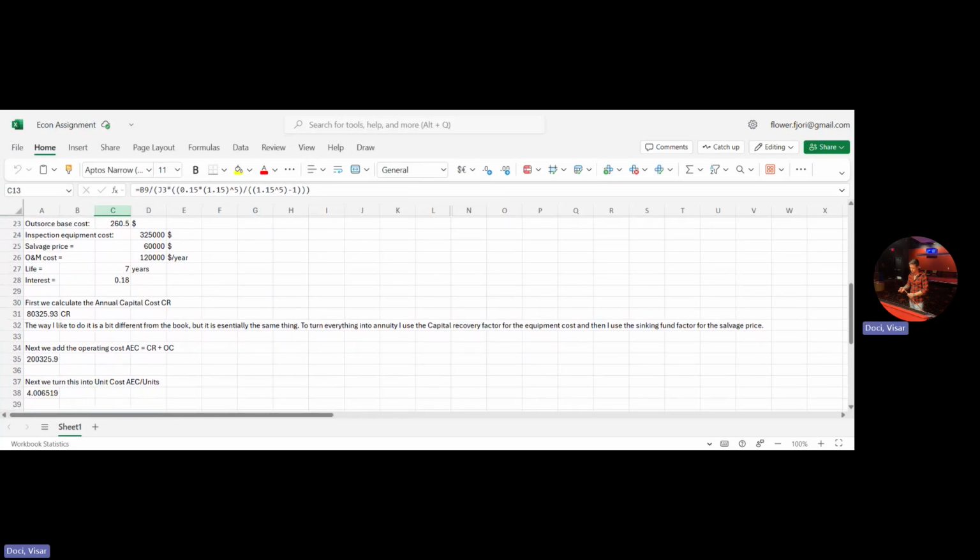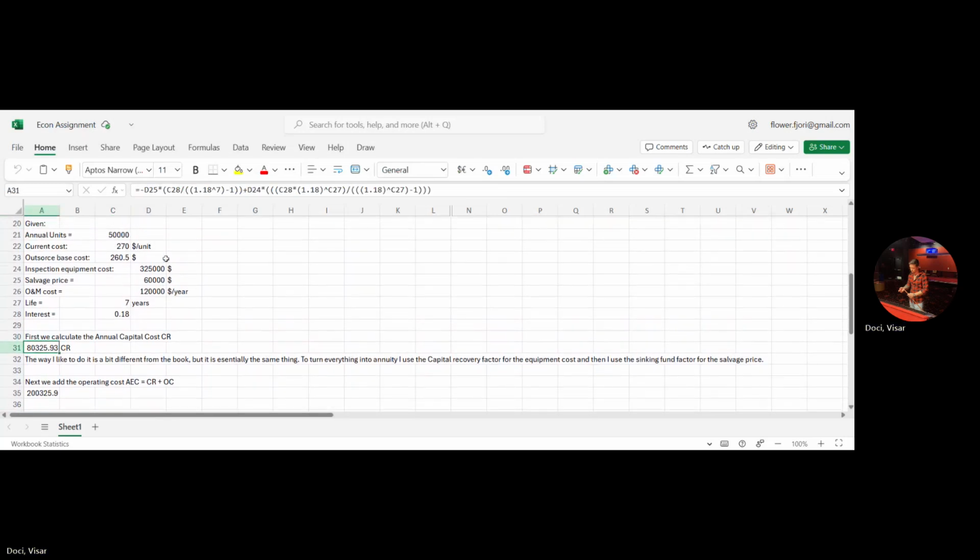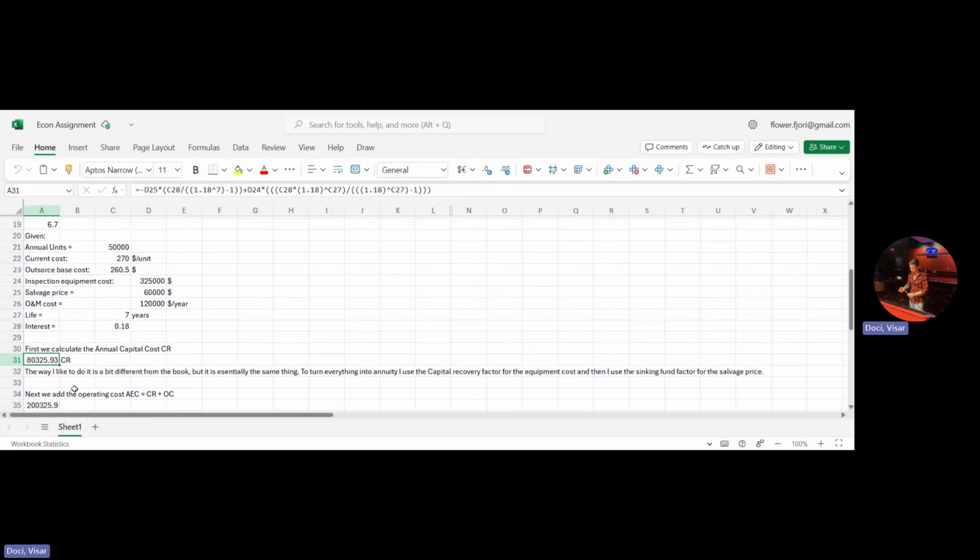So first we need to calculate the annual capital cost, which we have here. The way that I like to do it is a bit different from the book, but it is essentially the same thing. To turn everything into an annuity, I use a capital recovery factor for the equipment cost, and then I use a sinking fund factor for the salvage price.